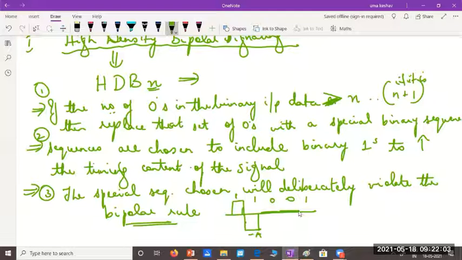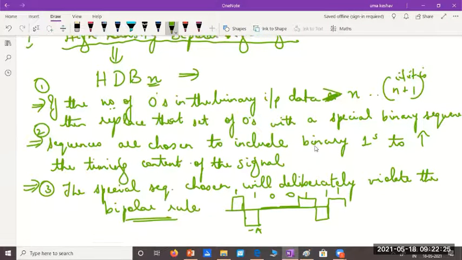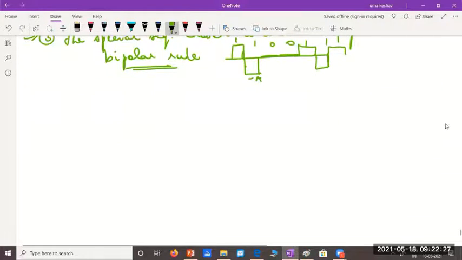The next one in the sequence should be represented with positive, the next one negative, and so on. So this is called the bipolar rule. Alternately, it should change. But here, the sequence which we choose will be in such a way that we are going to violate that bipolar rule.